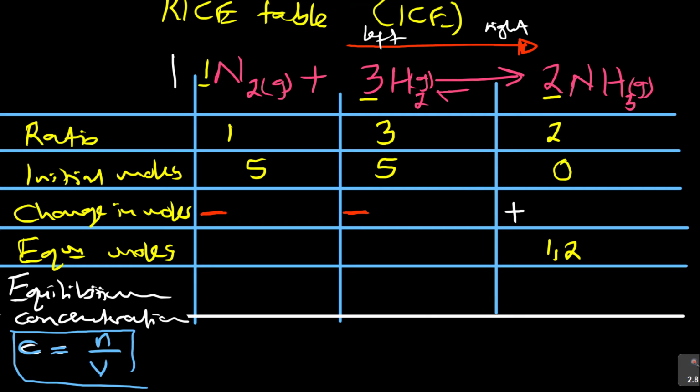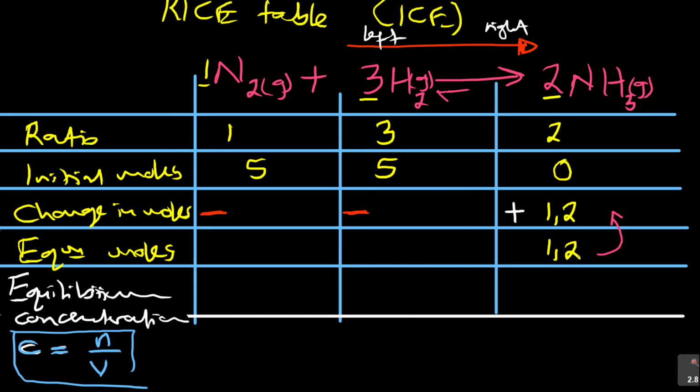Alright, next one: since I have got these values, how do I go about it? From here we move up. I was having 0 moles as the initial moles. Now I have got equilibrium of 1.2. How did I get it? So obviously you are going to have 1.2 here, so you're saying 0 plus 1.2 is 1.2.